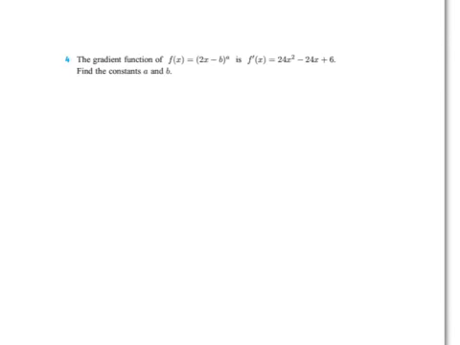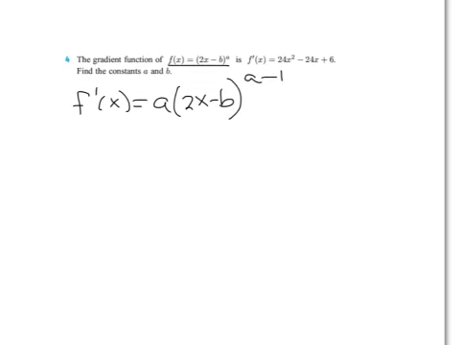So here we have the function f of x is equal to 2x minus b raised to the 8th power, which has a derivative of 24x squared minus 24x plus 6. So find the constants a and b. First, find the derivative of f of x, which is f prime of x equals, bring down the power a in front of the parentheses, so we have 2x minus b raised to the original power a minus 1.